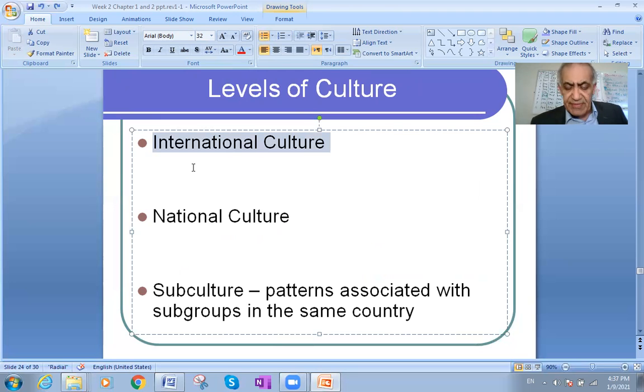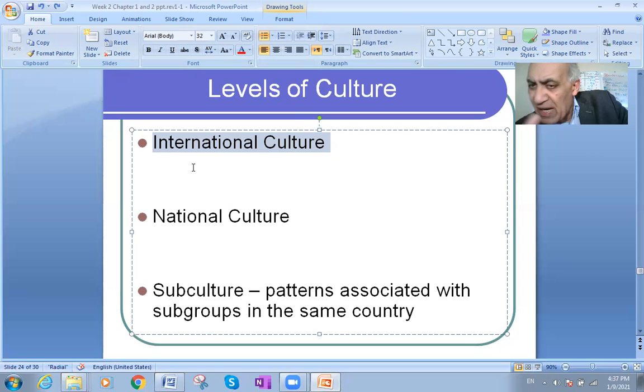Look at this. We have three levels of culture. International culture is the culture which is globally accepted everywhere. For example, to be honest, to be truthful, all those are international culture because it's widely accepted.